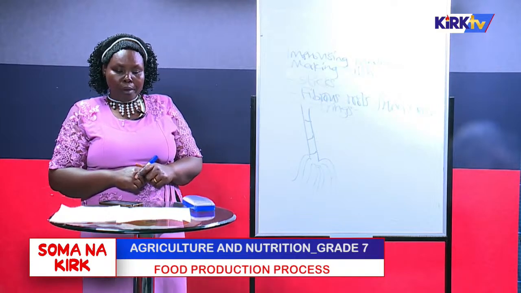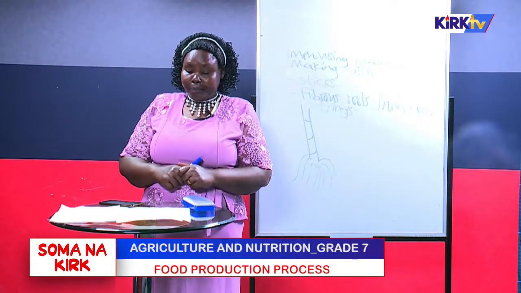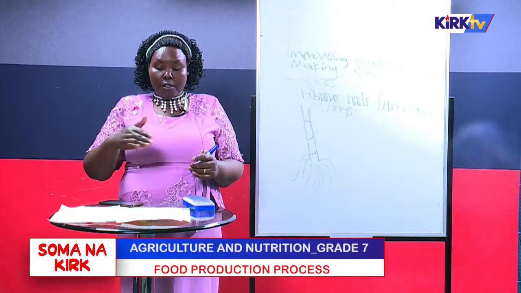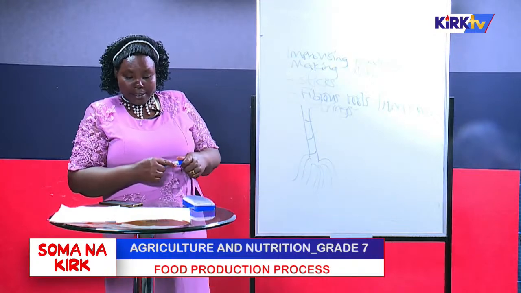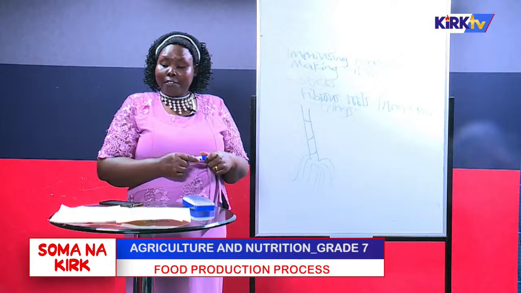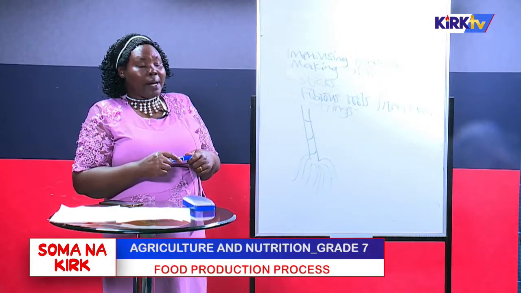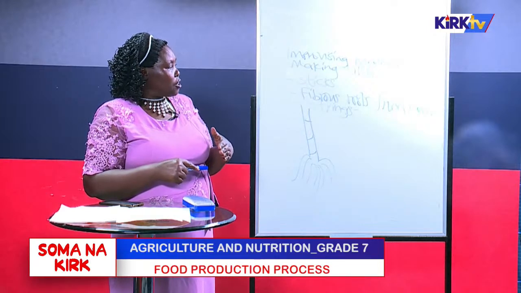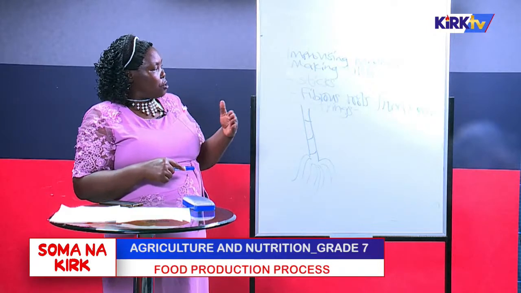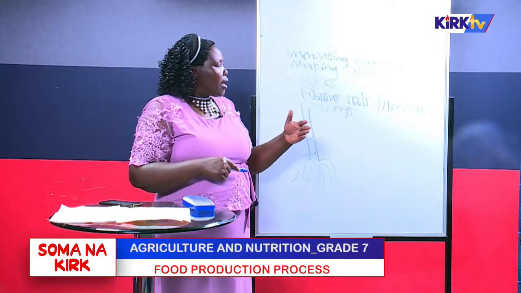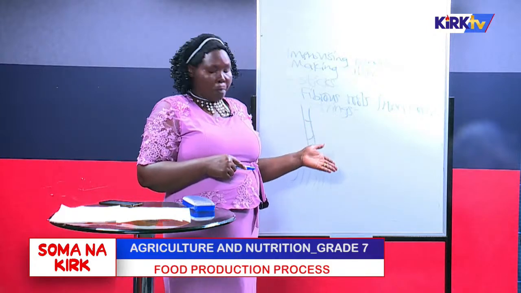Now, in conclusion, I want to have a summary of what we have learned. We have said that planting material is a part of a plant that is used to produce a young or a new crop.